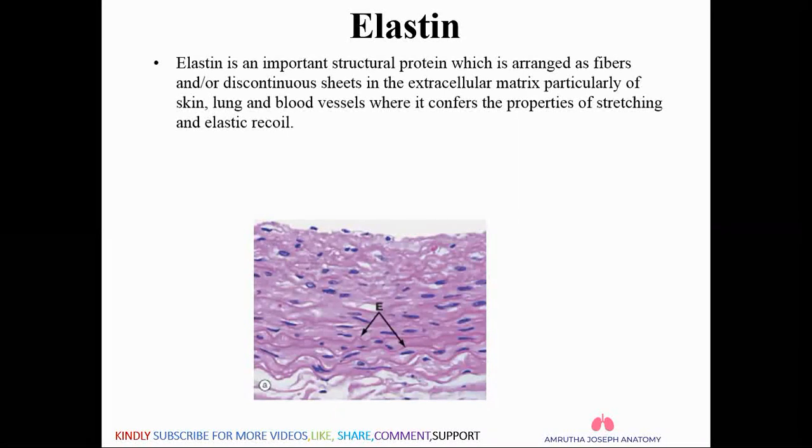The ascending aorta is a great vessel arising from the heart, which will continue as the arch of aorta and so on. Anyway, the ascending aorta has the property of elastic recoil, so there you have a lot of elastic fibers. Whenever elastic recoil is required, like the lungs, which can recoil, in these areas you have a lot of elastic fibers. You can see a lot of elastic fibers here.